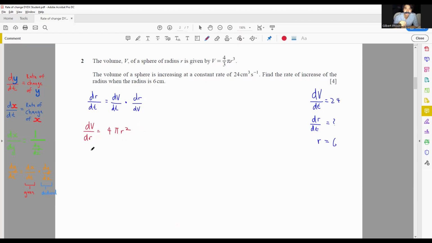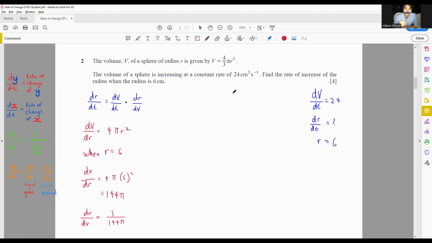Make it very clear again, when r is equal to 6, dV over dr is 4 pi 6 squared, which gives me 144 pi. Therefore, in other words, dr over dV is 1 over 144 pi.